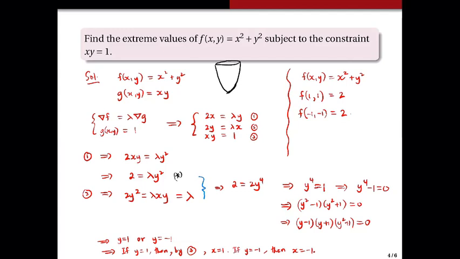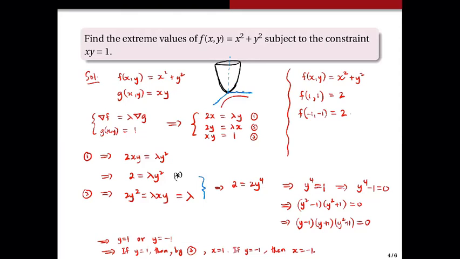Okay. And then, of course, on the XY plane, we have, so let me just put this. Yeah, this and then this part here. You have the graph of the XY equals 1.